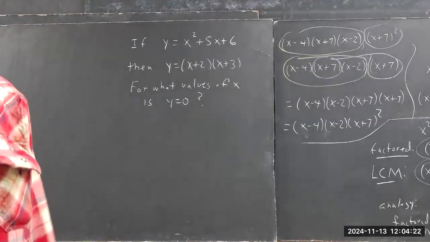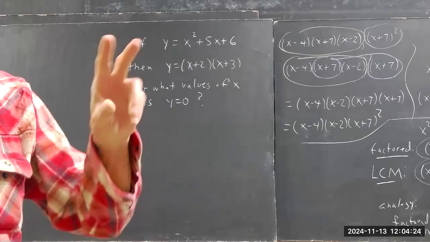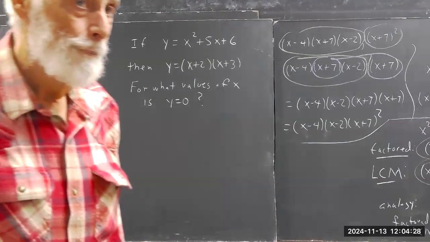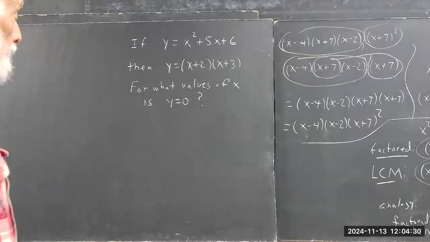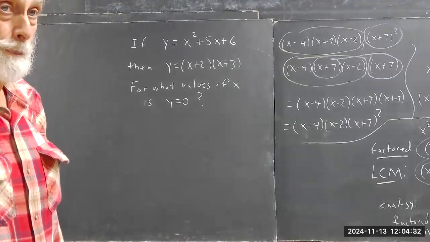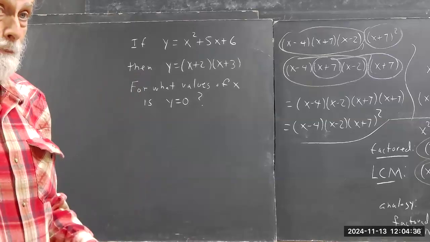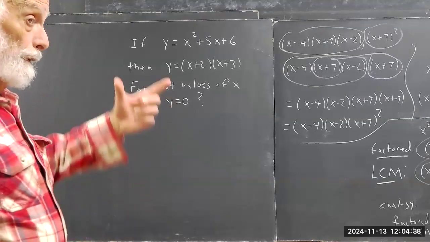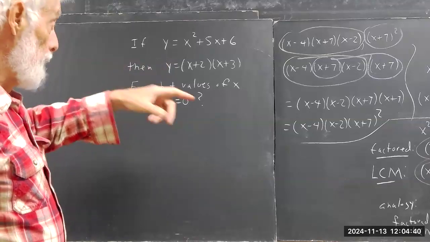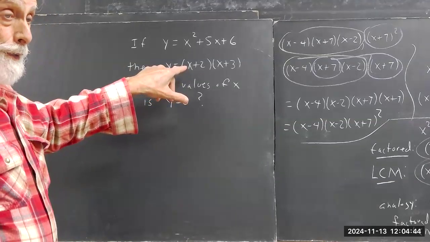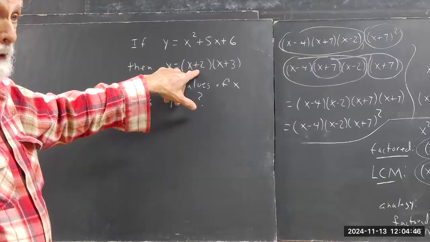Anybody spot the value of x that gives you y equals 0? You show me with your fingers. Okay. So what I'm saying immediately is if x equals -2, you are going to get 0. Is that clear? If you plug in -2 for x, then x plus 2 is going to be 0, right?